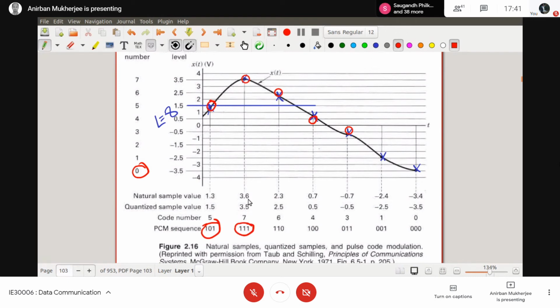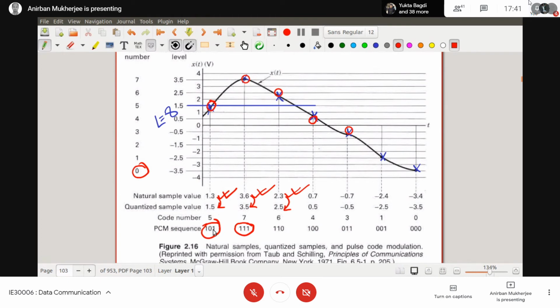So you try to understand that the actual natural value at sampling instant was 1.3, 3.6, 2.3, but I cannot transfer that. I have quantized it to 1.5, 3.5, 2.5, but I am not transferring this information. I am encoding it. Please try to understand.